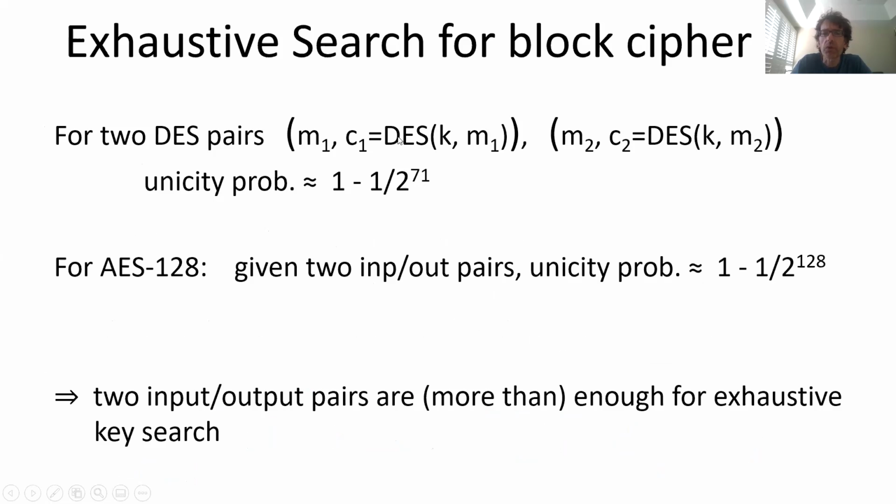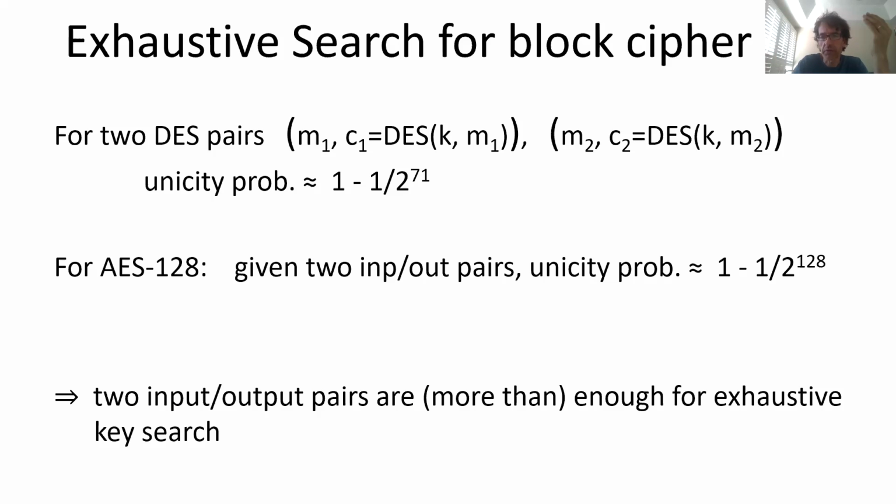Because on 2 blocks, basically, I can think of this: this is a random number, this is a random number. Now there are 128 bits in C1 and C2. So to ask that DES K and DES K prime both create the same 128 bits is an even stronger thing, right?